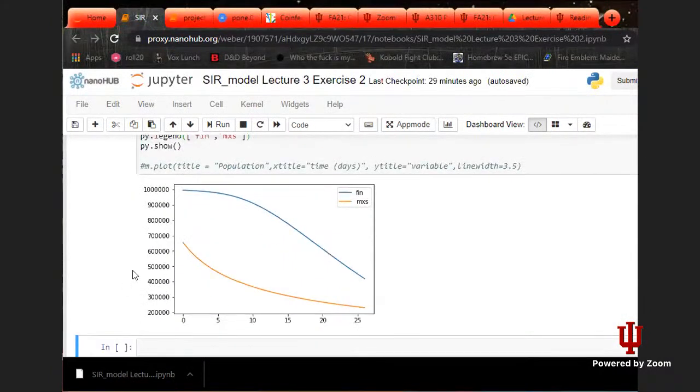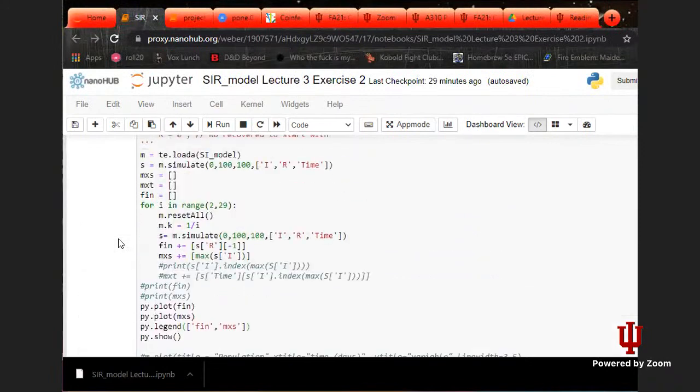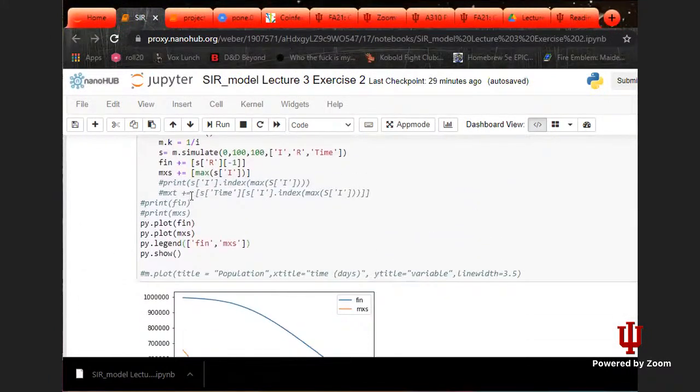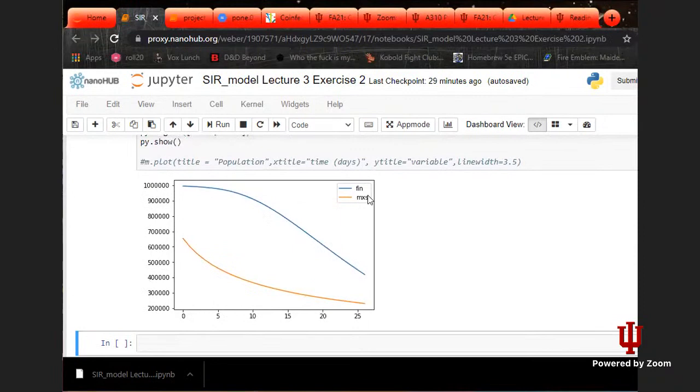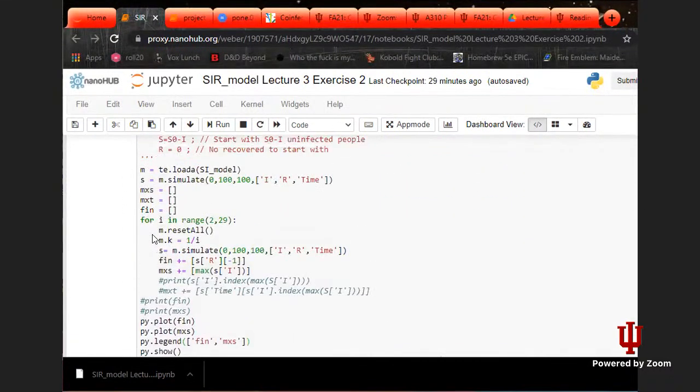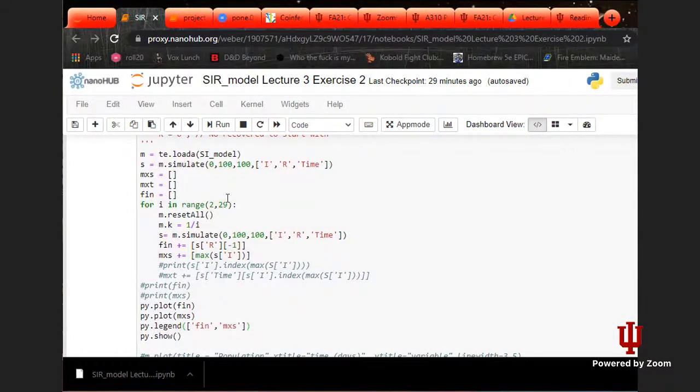Yeah. So I couldn't figure out how to get the times right. There was an error that I couldn't figure out. But for the final and the maximum amount of infected, I was plotting them from 1/2 to 1/28.